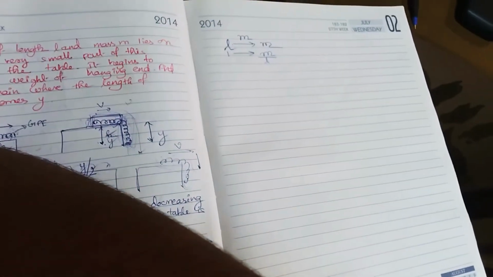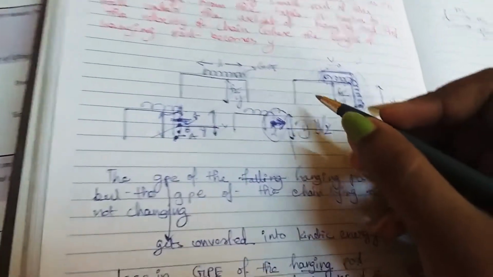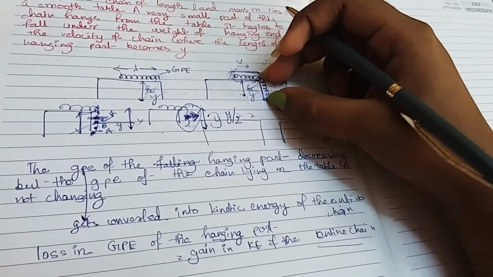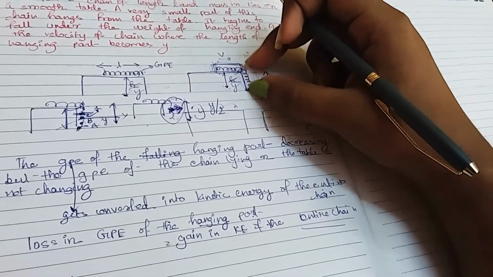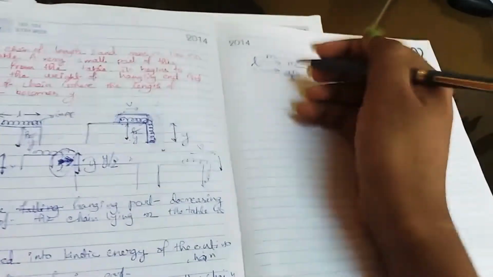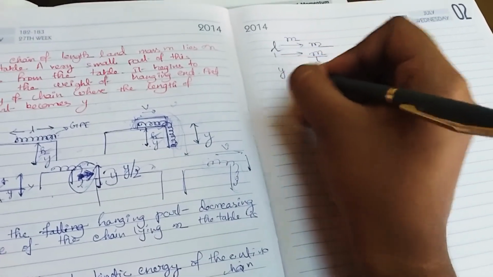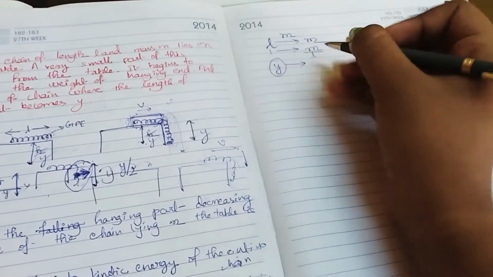Then we have to see what part of the chain is falling down. The part of the chain that is falling down is this y part. The length of this part of the chain is y, because it is falling down by y. So what will be the mass of y length of the chain?